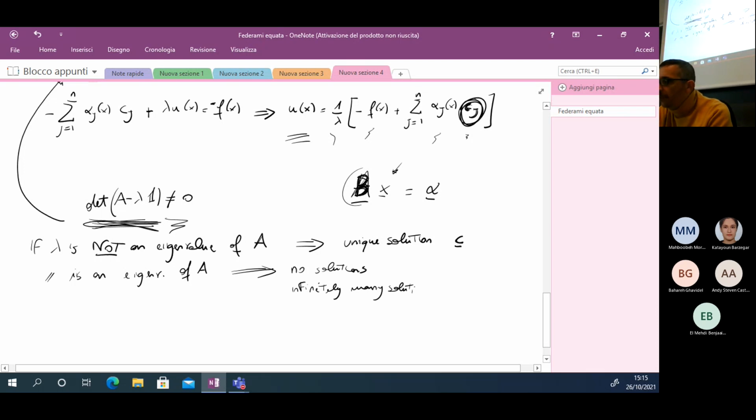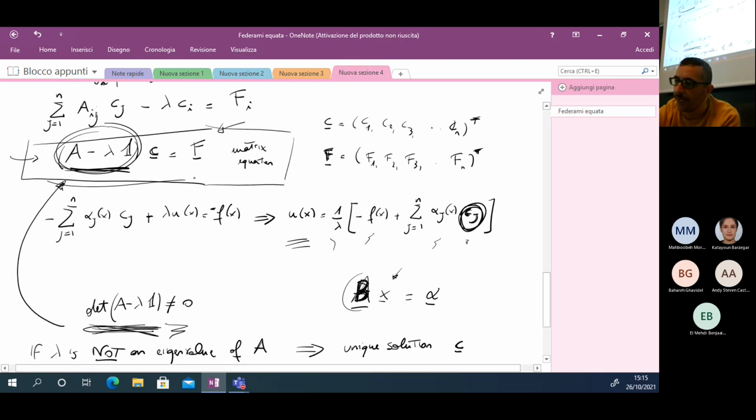And this depends on the vector f. So then what you have to do is to study the augmented matrix that includes also the vector f, to establish if there is no solution or if there are infinitely many solutions.